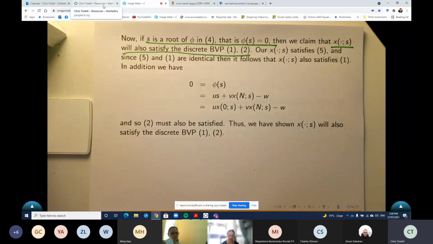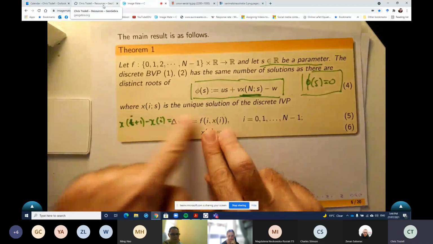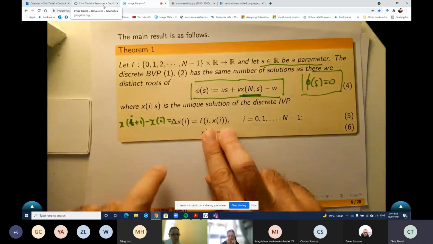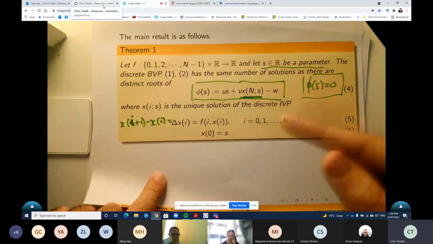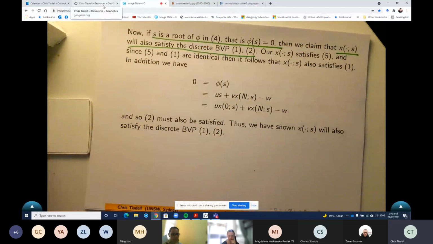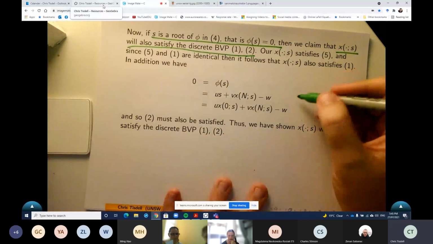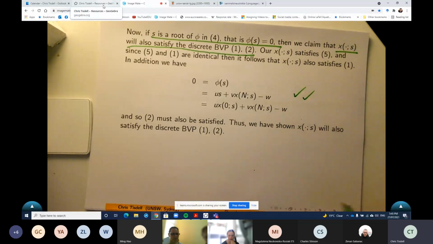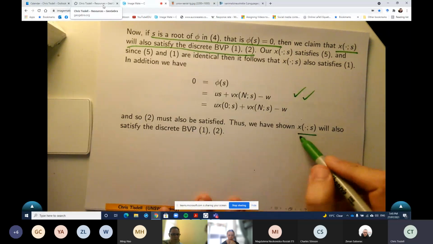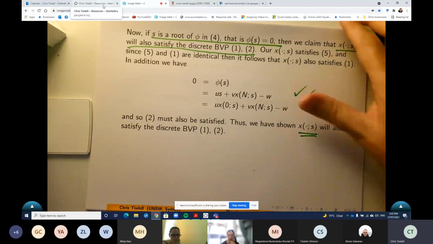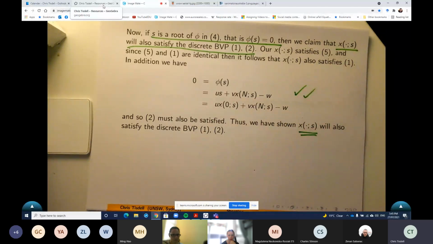Okay, so that's not hard to do, because the difference equation is the same. It's just that here's the initial condition, and the boundary value problem has a boundary condition. So you're just basically verifying that there. So you can show that this also satisfies the discrete boundary value problem.